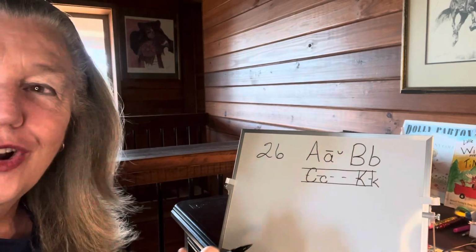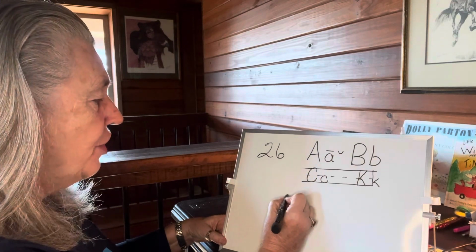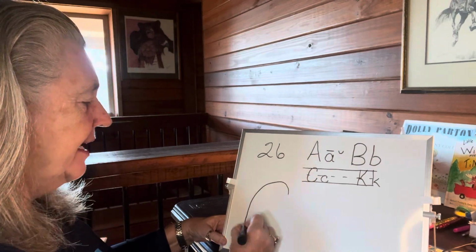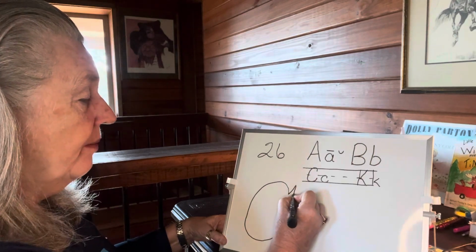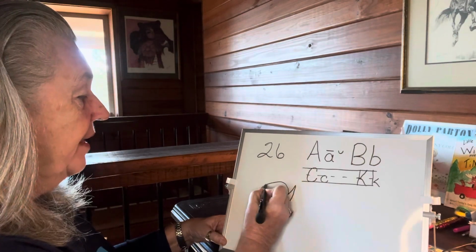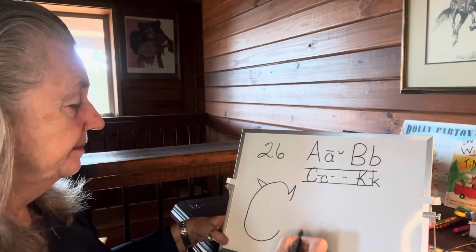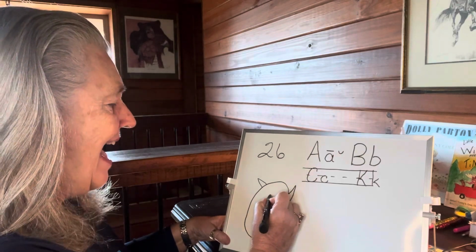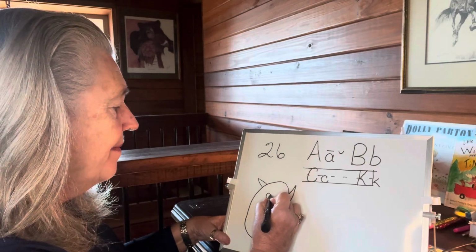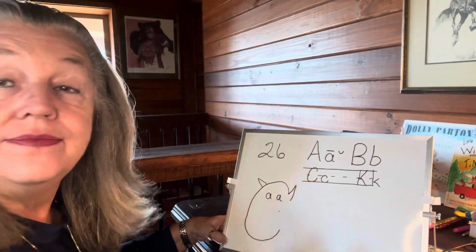All right, we're going to draw a cat. So I want you to start out with a big C. Give it a little ear right here. Give it a little ear over here. And we're going to give it some eyes with an A. So make an A for its eyes.